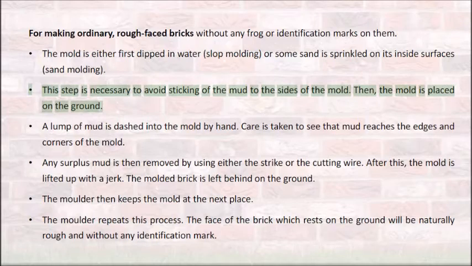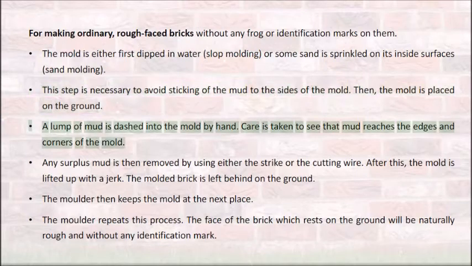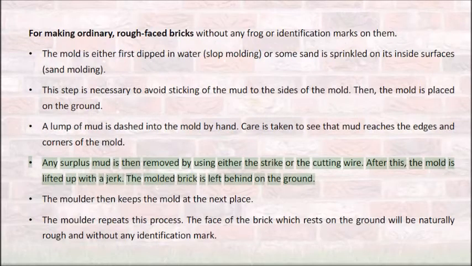Then, the mould is placed on the ground. A lump of mud is dashed into the mould by hand. Care is taken to see that mud reaches the edges and corners of the mould. Any surplus mud is then removed by using either the strike or the cutting wire.